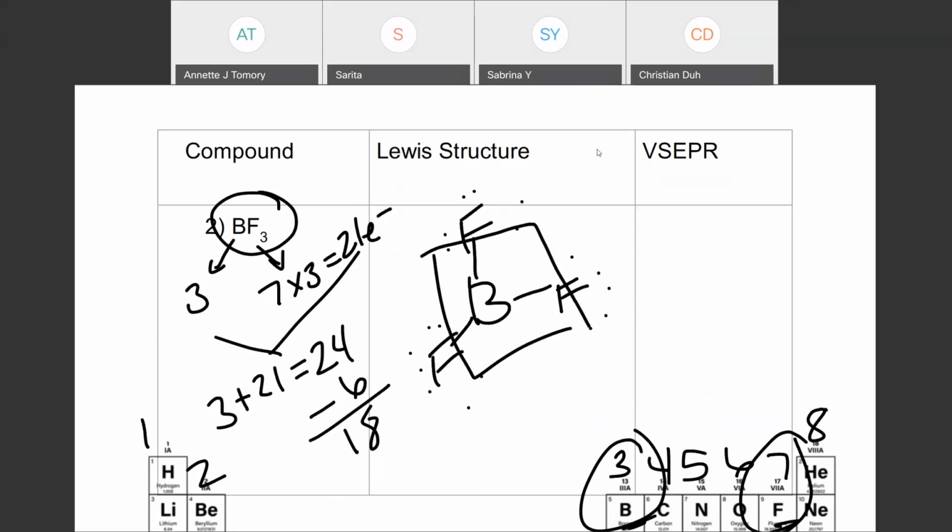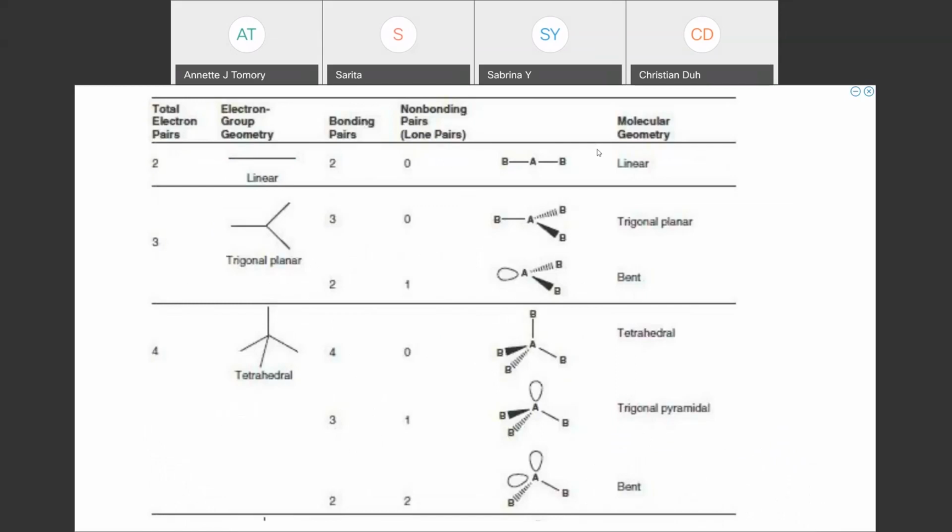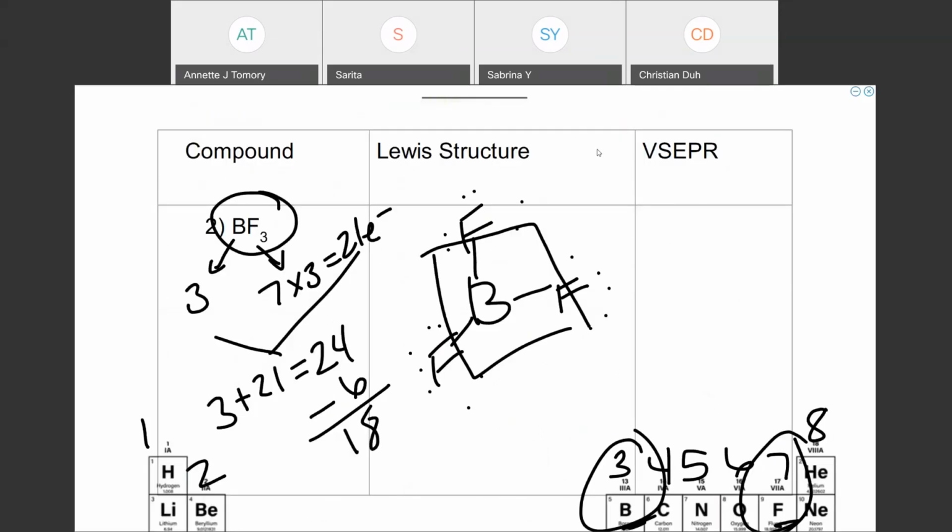No, so we have 3 and 0. So which one has 3 and 0? Trigonal planar. That's right. So I just match it up. That's all I did. And like I said, that chart that I've been flipping back and forth is deliberately the same chart that I gave you.